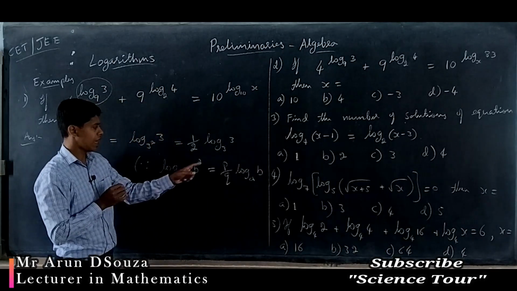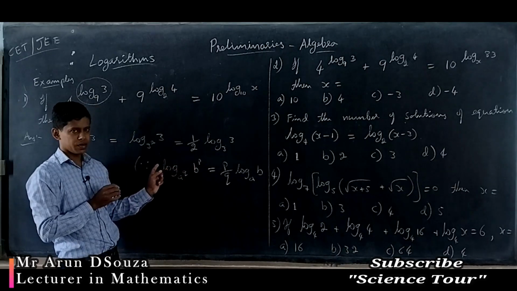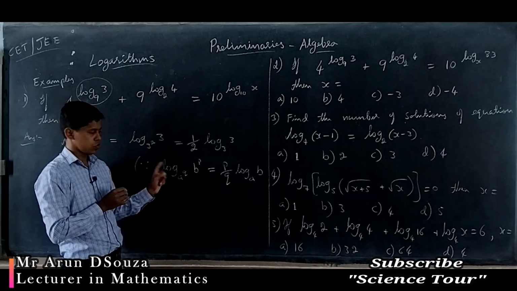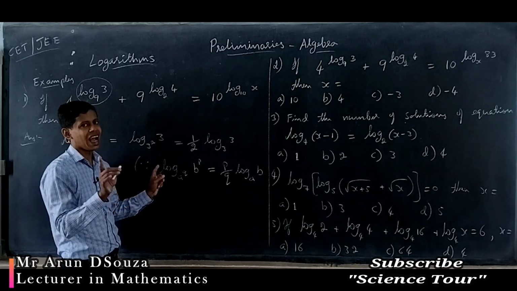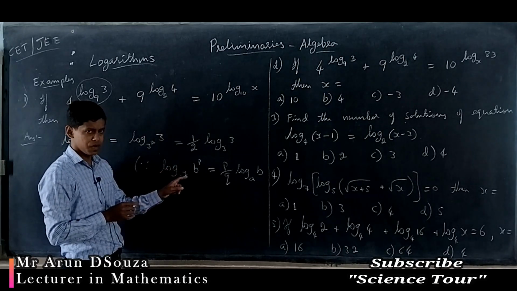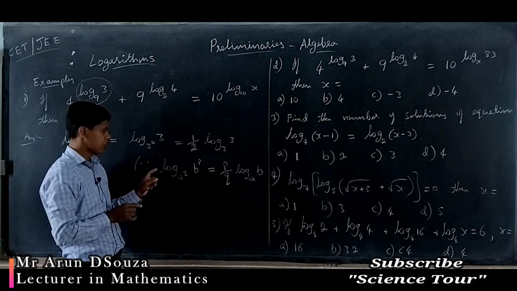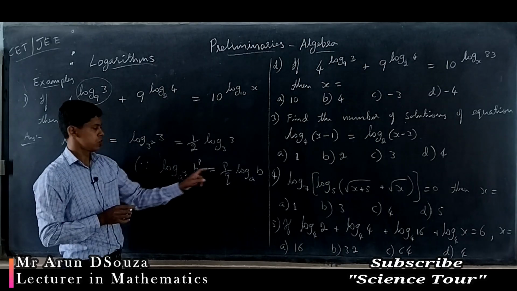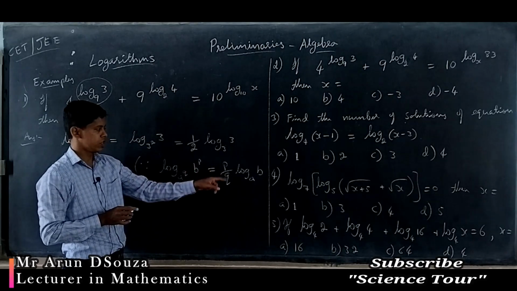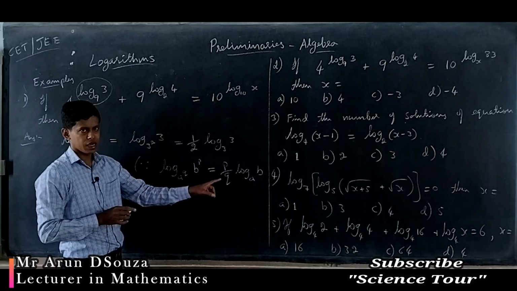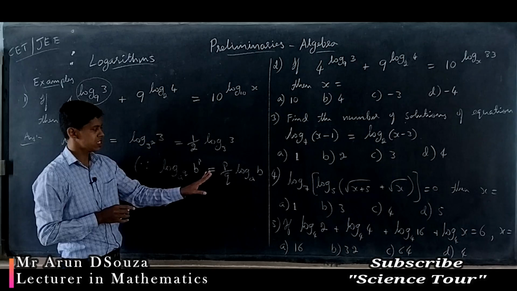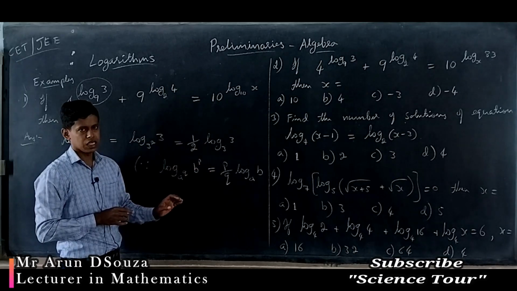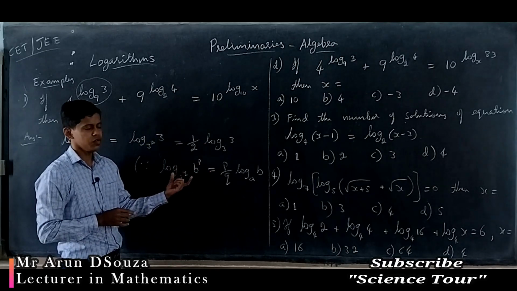Whatever power you have on the number comes before log, and if you have any power on the base, that will be divided. So that will be p by q. We understood this property when I started the concept of logarithms, and now you just have to apply that property here. So please remember which property we are applying.